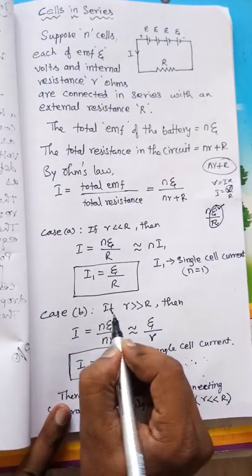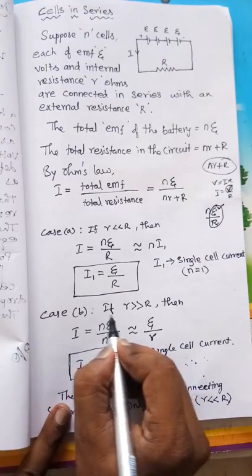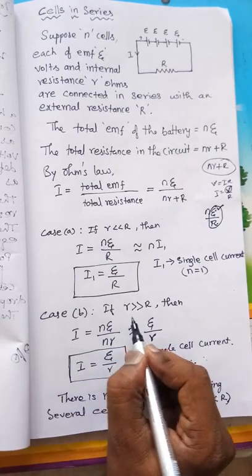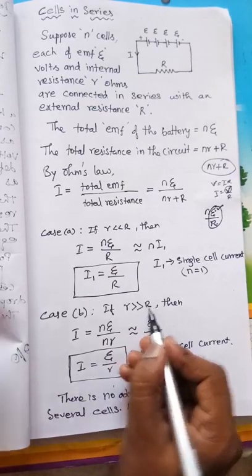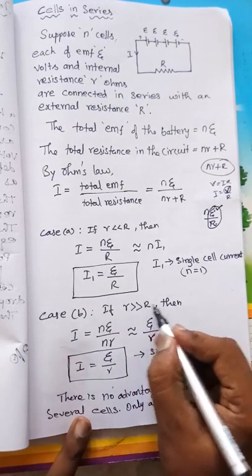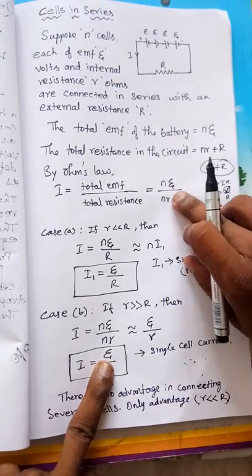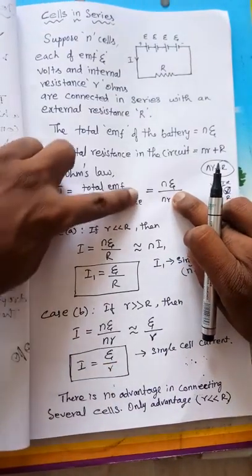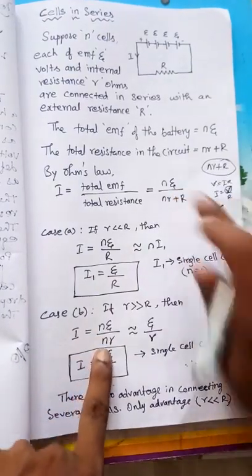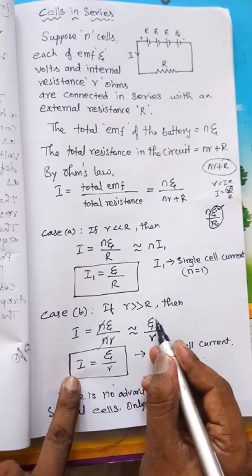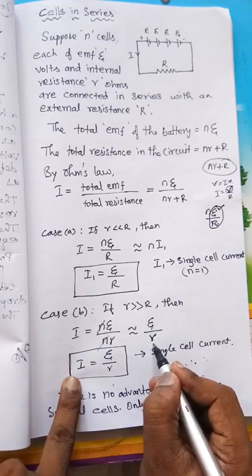Now the second case: r greater than R, that means internal resistance is very much greater than R, so R is neglected and becomes 0. So the value becomes N E by N r, the N's cancel. So EMF by internal resistance.